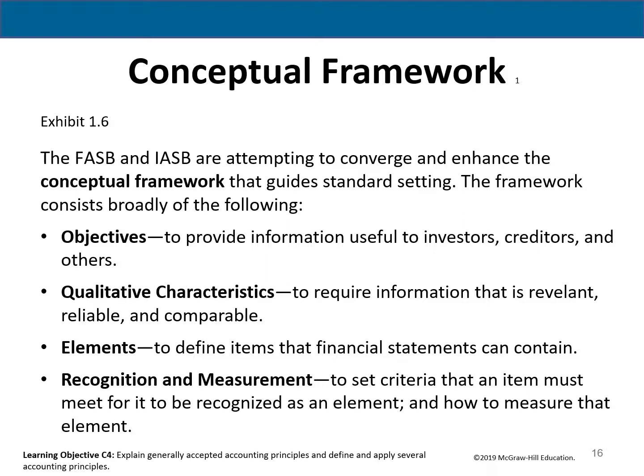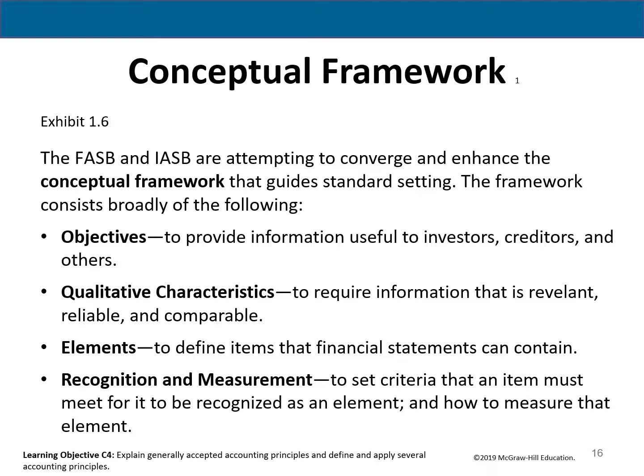There are qualitative characteristics that need to be present to require information. So we only really look at information that is relevant, so it'll affect a decision maker. It's reliable, it could be trusted, and it's comparable. You could look at the same type of information in a competitor. There are elements. There are specific items that financial statements can contain, and we're going to talk about those.